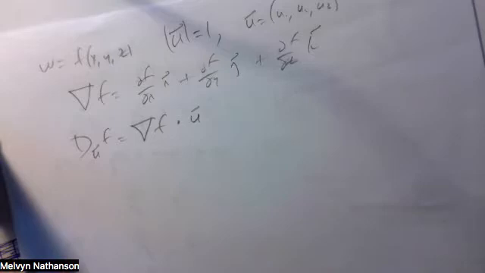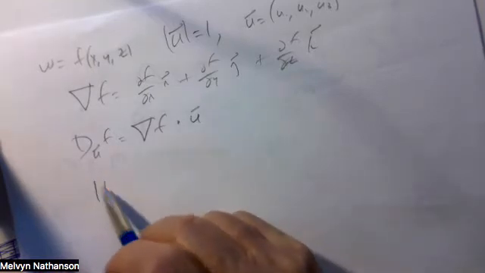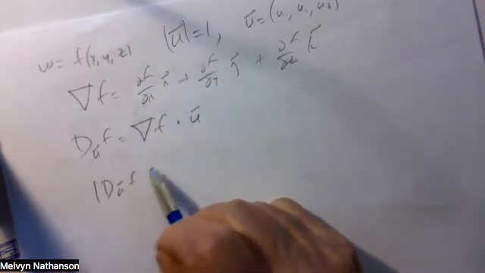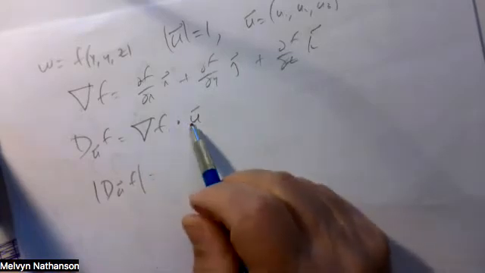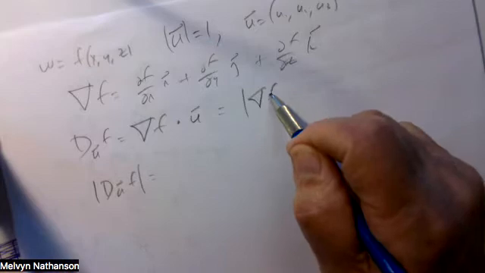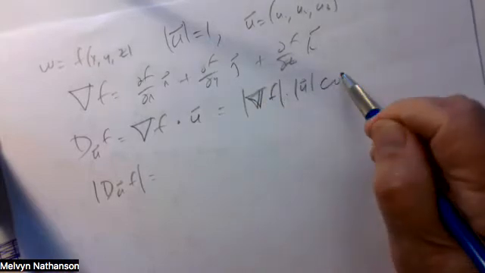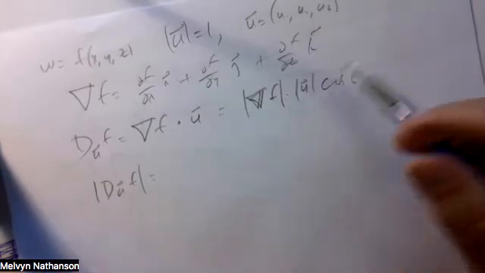Now, this tells us something very interesting, because if we take the absolute value of this, remember the dot product is the length of the gradient of f, times the length of the vector u, times the cosine of the angle between these two vectors.